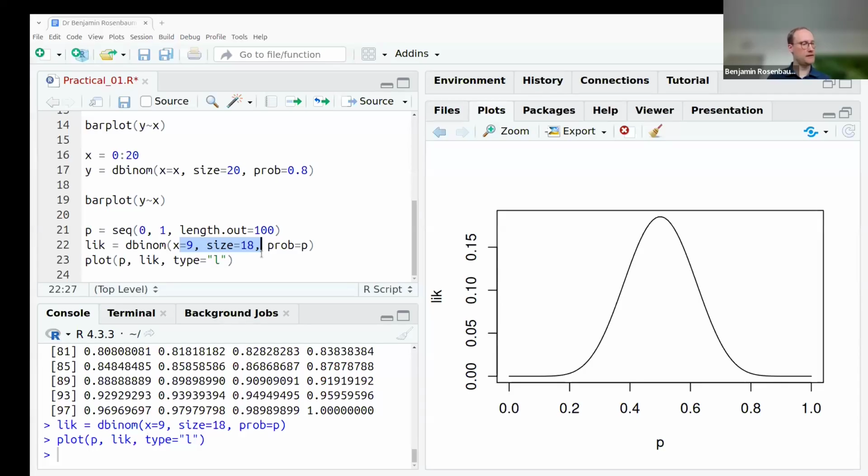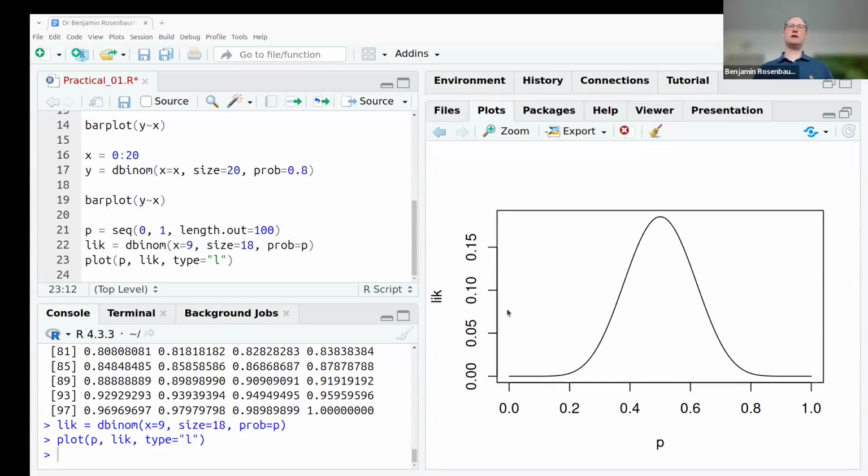And in this case, I think it's fairly obvious that the maximum likelihood here would be 0.5, right? Because 9 out of 18 survived. So the maximum likelihood estimate for this first data point's survival rate is 0.5.